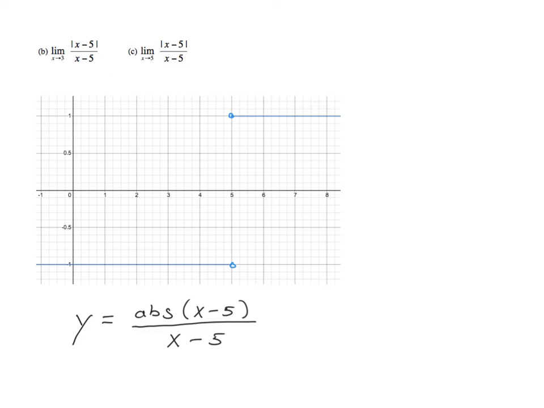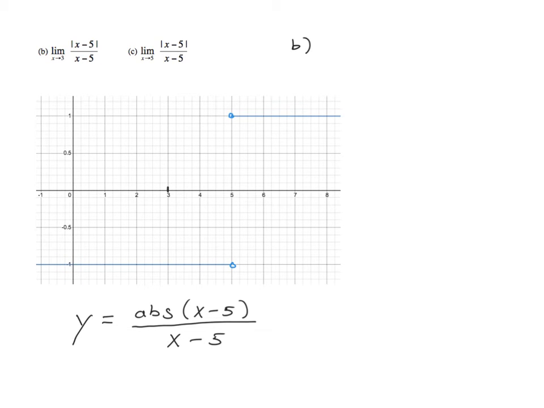So the limit as we approach 3. Okay, well, we're focusing on 3. As we approach from the left and the right, we're talking about this part of the equation. So as I approach from the left and I approach from the right, they're all going to the value of y equal to, so that's really a -1, but it's going to this value here.